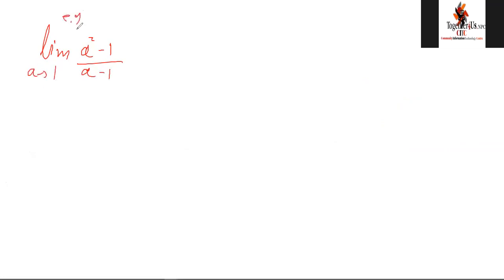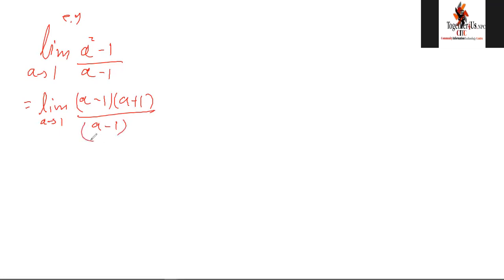Then you see if you substitute, you're going to have a problem: you're going to have to divide by 0, and you don't want to divide by 0. So what you'd rather do is say this equals the limit as a approaches 1 of, you see that's a difference of 2 squares, you see why I just gave you those tips, over a minus 1.